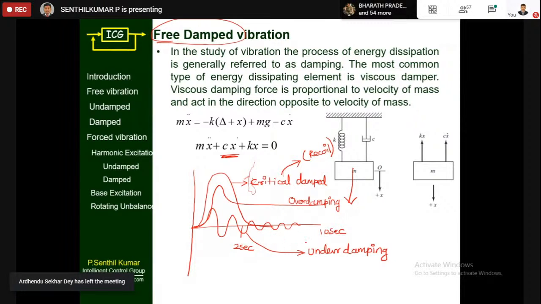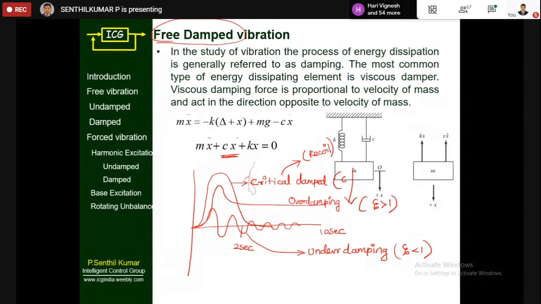That is the kind of under damping they are doing. So how do I find out whether my system is under damping, over damping, or critical damping? It's very simple. There is a term called eta. Less than 1 means under damping, greater than 1 means over damping, equal to 1 means critical damping.